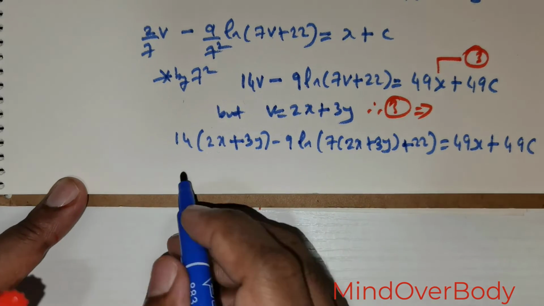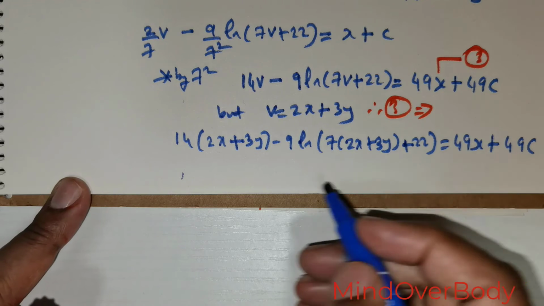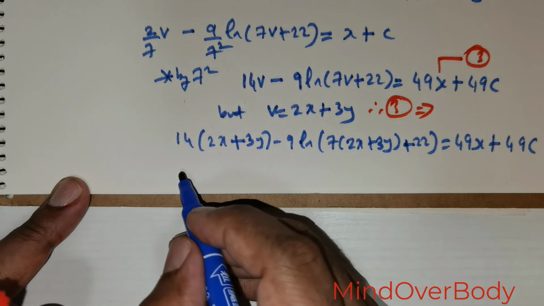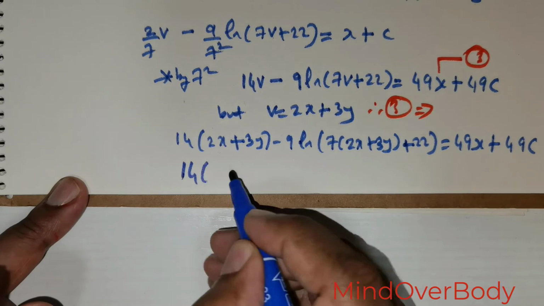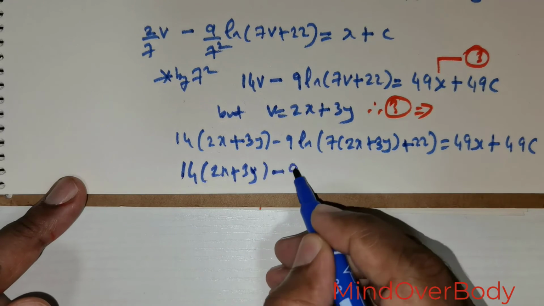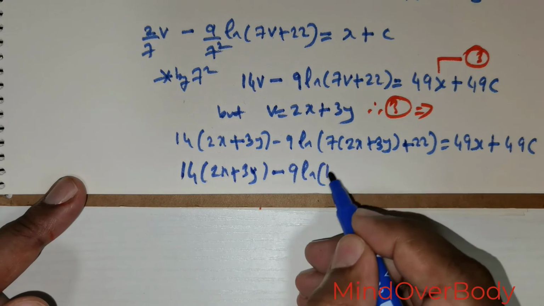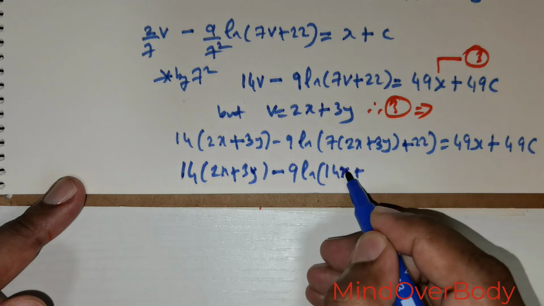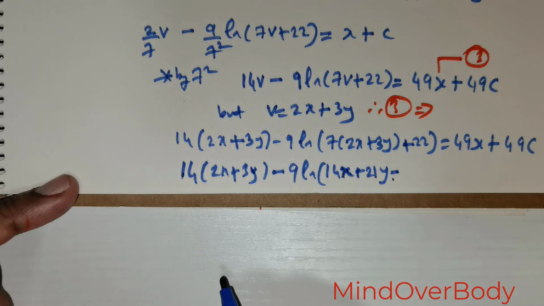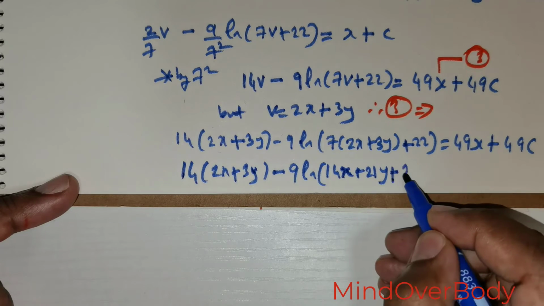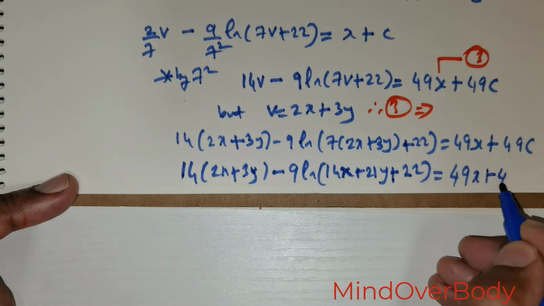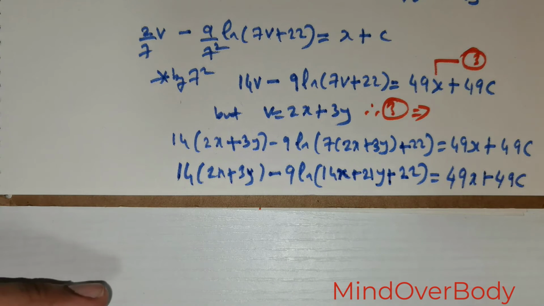Now you can either bring these things down or simplify them, depends on your requirement. So what I would do is I would just retain it as it is, 14 times (2x + 3y) - 9 times ln of, at least in this case, 7 times 2 is 14x, and this is going to be 21y + 22. So that's the best we can think about it now.